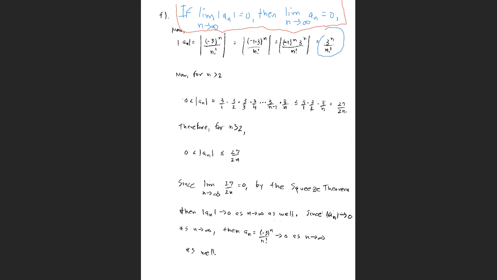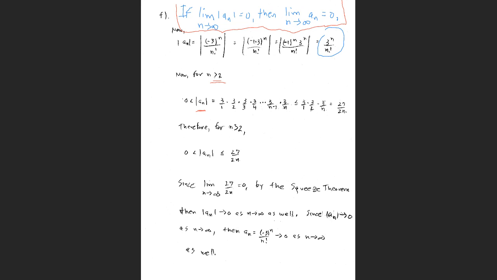So for n greater than 2, the absolute value of the sequence, I want to say this the right way.